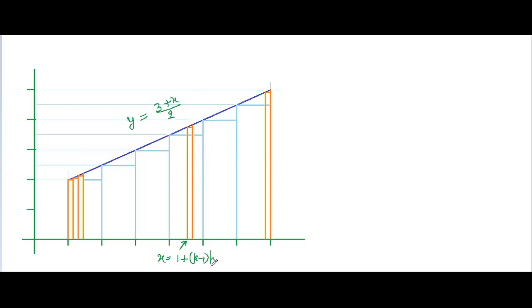I put the value of x here so that I will get this y coordinate, that means the height of this rectangle. So the height of this rectangle y is found to be 3 plus x, in place of x I write 1 plus k minus 1 times h, and the whole divided by 2. This is equal to 4 plus k minus 1 times h divided by 2.